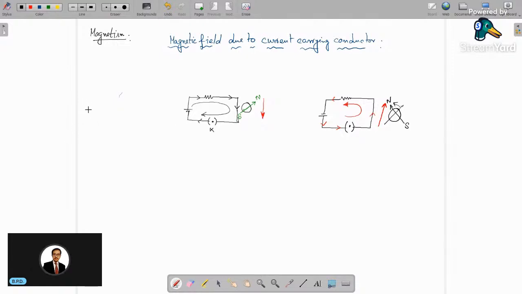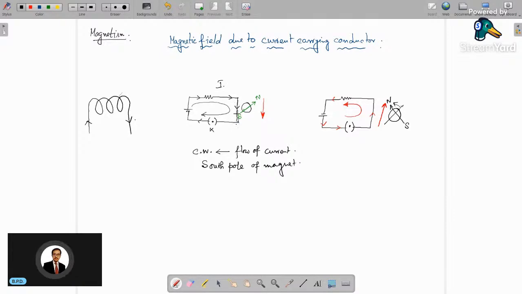আগের দিন আমি তোমাকে দেখিয়েছিলাম যে যখন একটা কারেন্ট ক্যারিং কয়েলকে আমি কনসিডার করছি, কয়েলটার যেদিকে ক্লকওয়াইজ ডাইরেকশনে কারেন্ট ফ্লো করে, flow of current is observed in clockwise direction. clockwise direction এ থাকলে হয় সাউথ পোল of magnet. ওকে, এইখানে দেখো তোমার, for the first case, if you consider this one, here the current is coming from there, right?